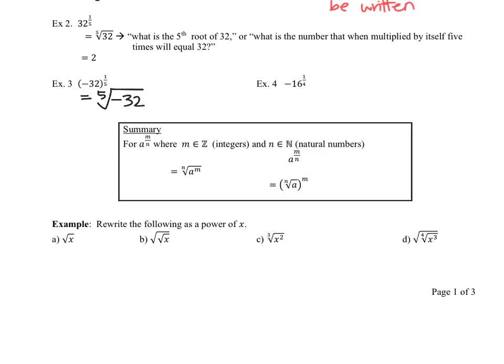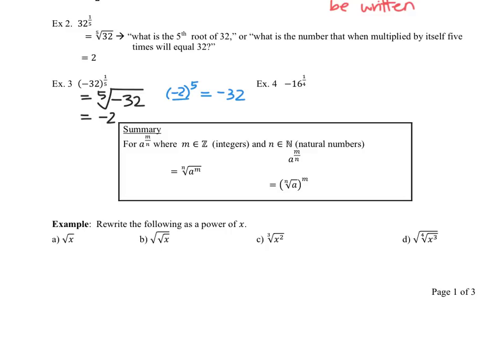So I'm asking you what base raised to the exponent of 5 will give you the answer of negative 32. And based on the answer from the previous example, you should be able to tell me that the number is negative 2. So negative 2 in brackets to the exponent of 5 will give you the answer of negative 32.